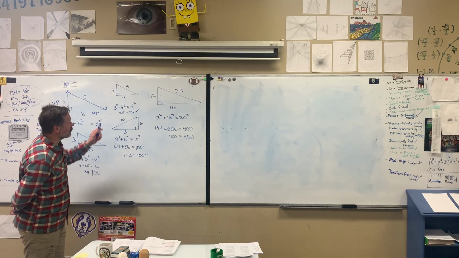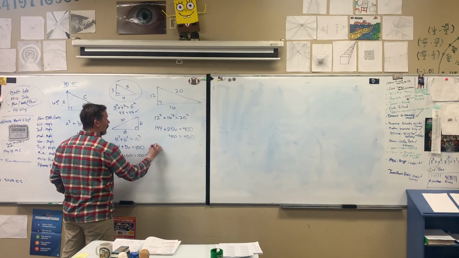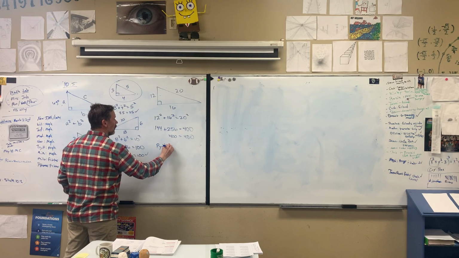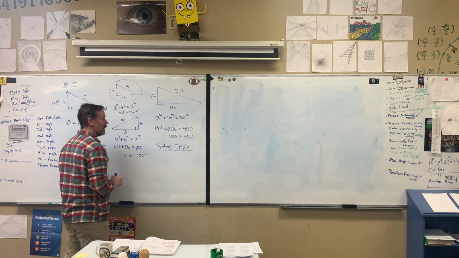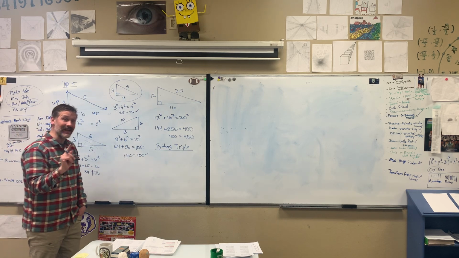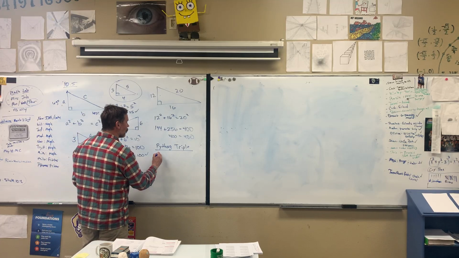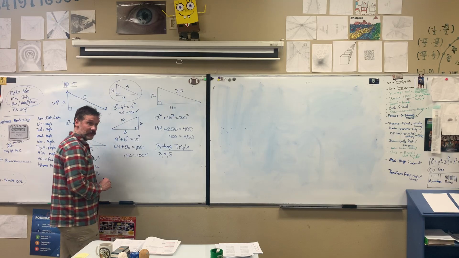So this is actually what they call a Pythag triple. Now, a Pythag triple is a set of integers, so we don't deal with decimals or radicals, that will always form right triangles. So a 3, 4, 5 is a Pythag triple.